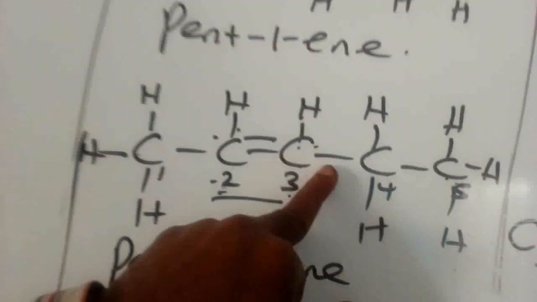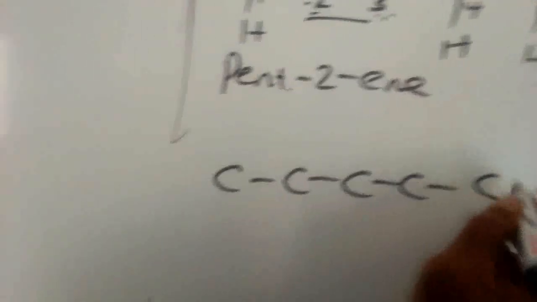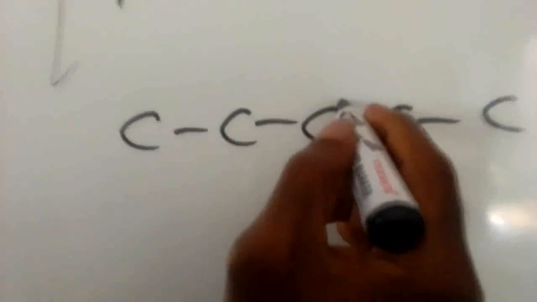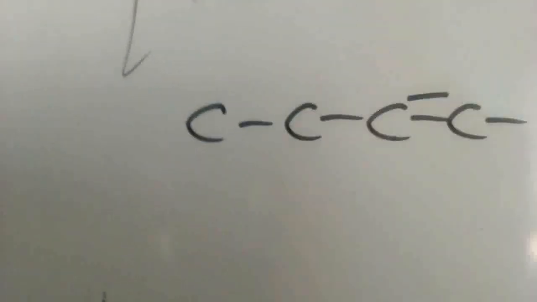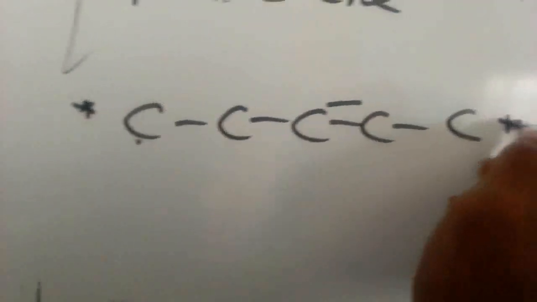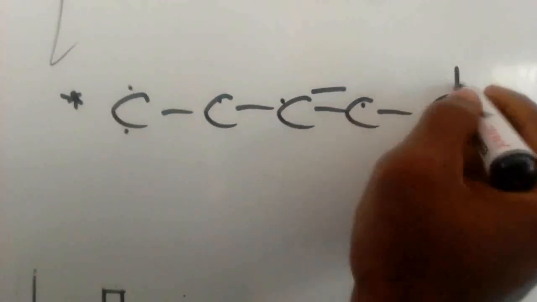Okay. What if the double bond comes here? Will the name change? The double bond is here, between carbon number 3 and 4, with 1, 2, 3, 4, 5. If I number from this end again, because it is the end closer to the double bond, this gives me 1, 2, 3.